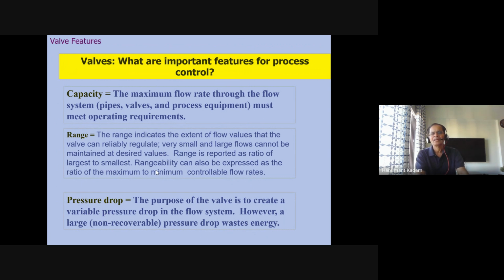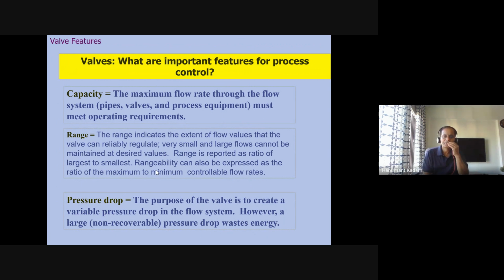Very small and very large flows cannot be maintained at desired values. So range is reported as a ratio of largest to smallest. Rangeability can also be expressed as the ratio of the maximum to minimum controllable flow rates. So this is the range of the valve operation.